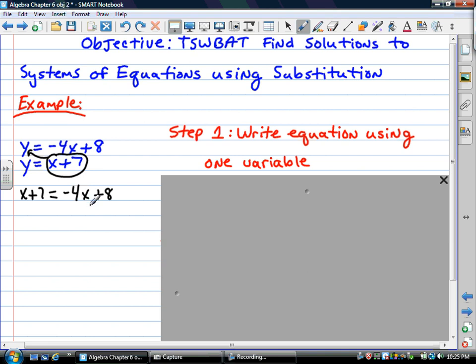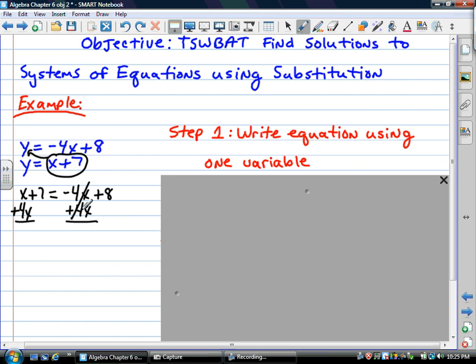We have variables on both sides of the equation. We want to remove the variable with the smaller coefficient. Negative 4 is smaller than positive 1, so if I want to make this negative 4x into a 0, I'd have to add 4x. And if I add 4x to one side of the equation, my addition property of equality says that I must add 4x to both sides of the equation.